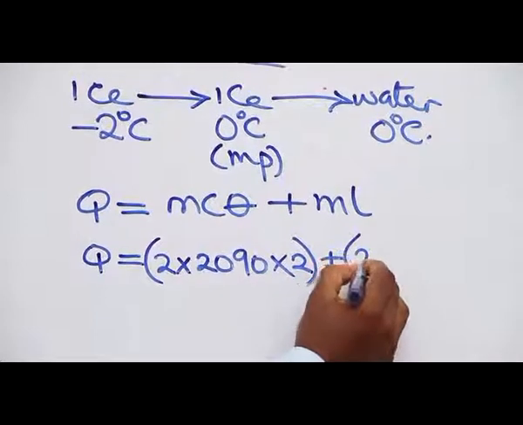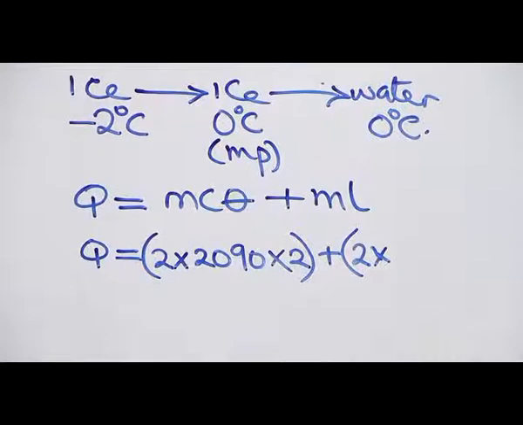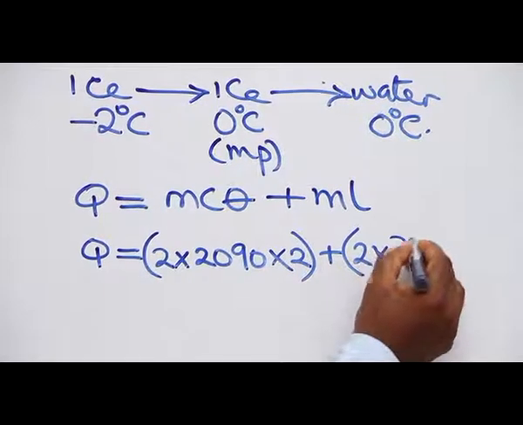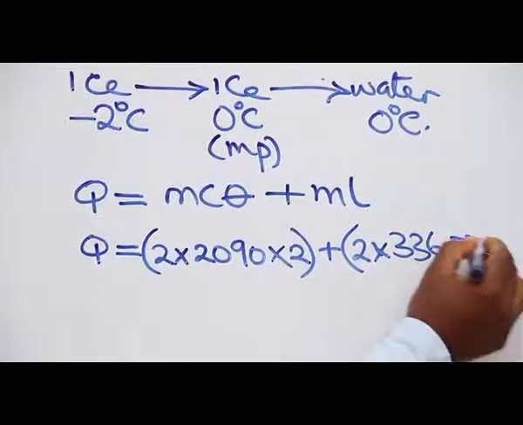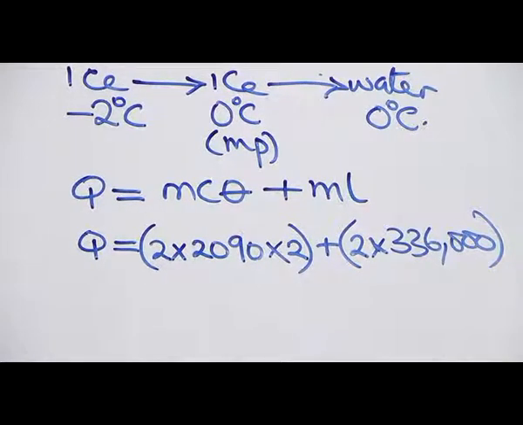Mass of ice 2, latent heat of fusion of ice, we are told, is 336 kilojoules per kilogram. So we have 336 times 1,000, since 1 kilo is 1,000.